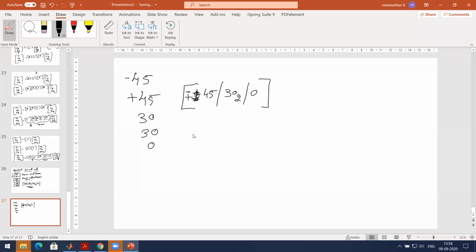If minus 45 is present two times, then you write minus 45 and put a 2 here.